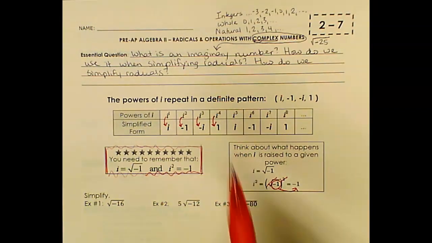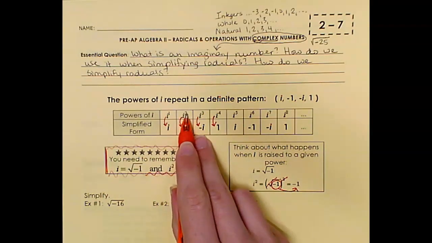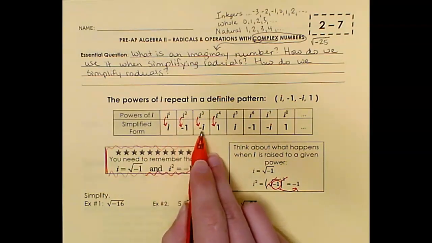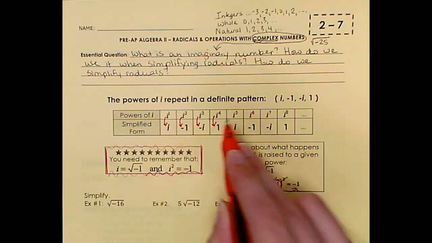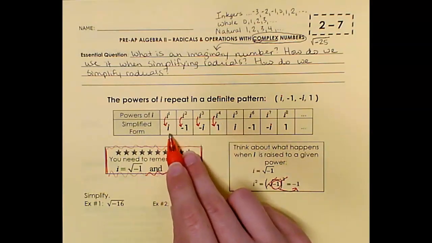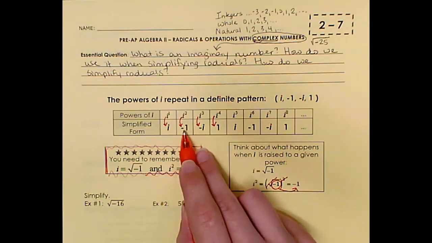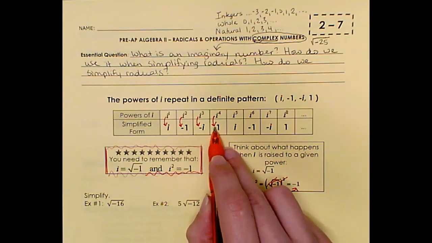So think about, to get i cubed, you multiply i and i squared, right? Well, i times -1 is -i. That's how we get i cubed. And then here, to get i to the power of 4, you can either multiply i times -i, or you can multiply -1 times -1, and you will still get 1.